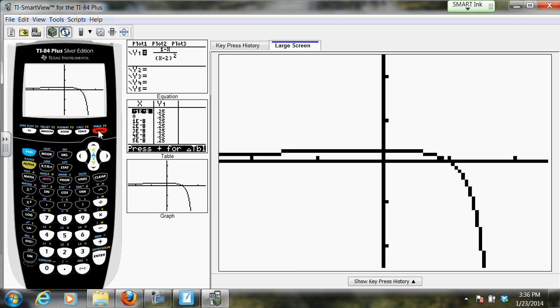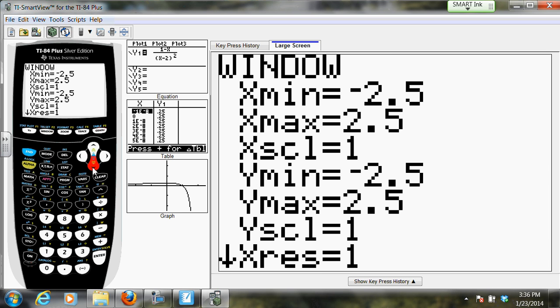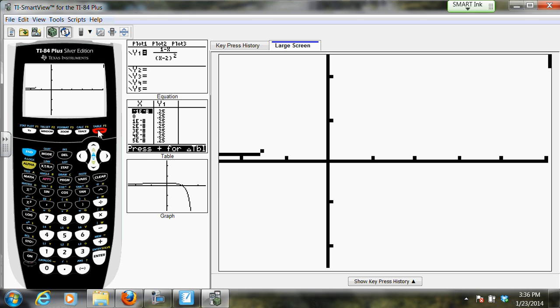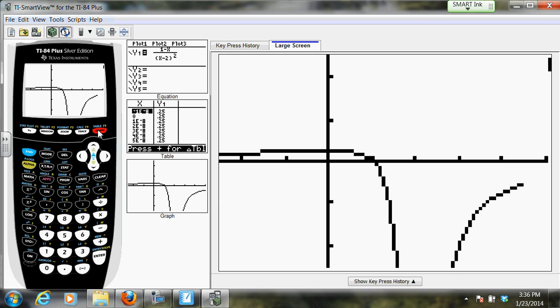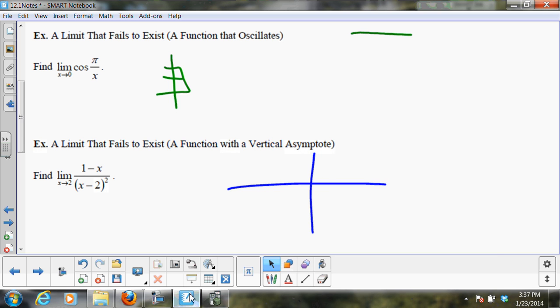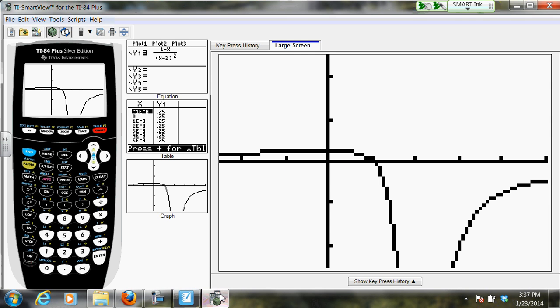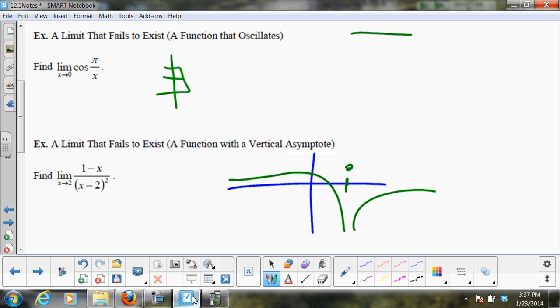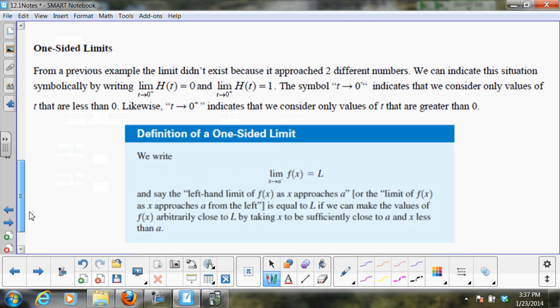You can't really see it, so let's make our window bigger, make this 5. Notice how it jumped up a little and came down. It's going down again. So there's an asymptote at 2, which means the limit doesn't exist there either.